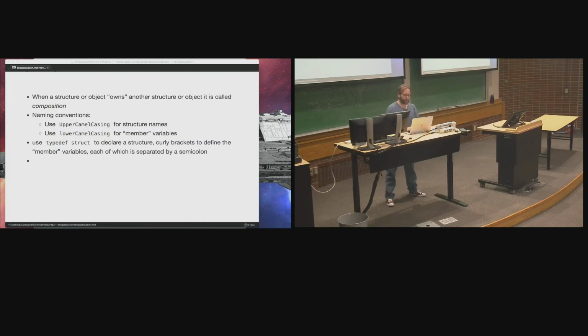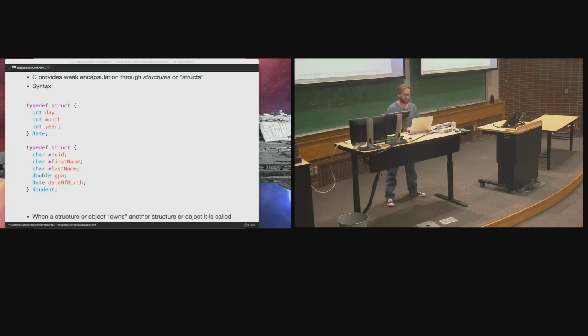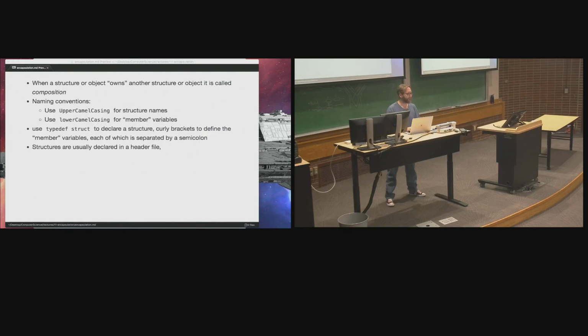Also, more generally, structures are usually declared in a header file. Say for our example here, we're defining a student. We would generally call that student.h, right? I would put both of these declarations in there, or if I really wanted to separate things out, I would put Date into date.h, and then I would include that header file in this header file over here.